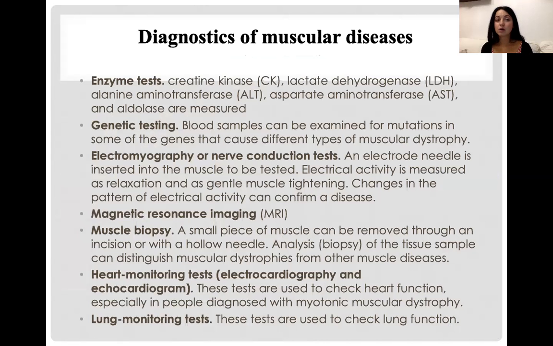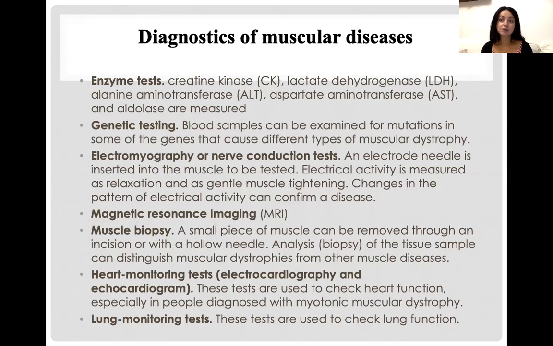So when you suspect a diagnosis, you need to know what additional methods of investigation may be used to diagnose muscular disorders. You can use lab tests like enzyme tests. When muscles are affected, usually we can see elevation of some enzymes.